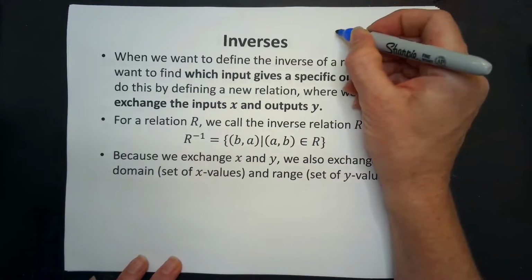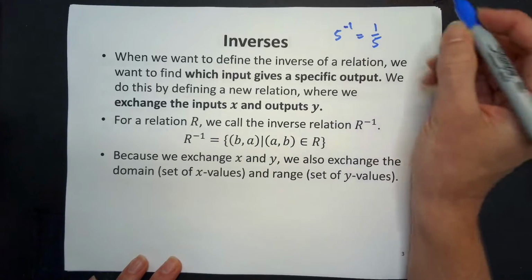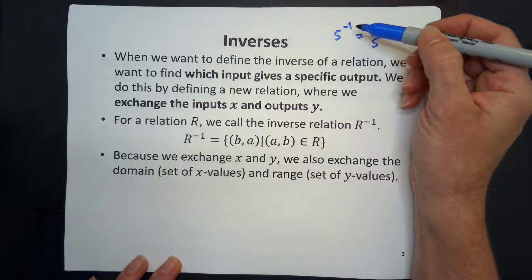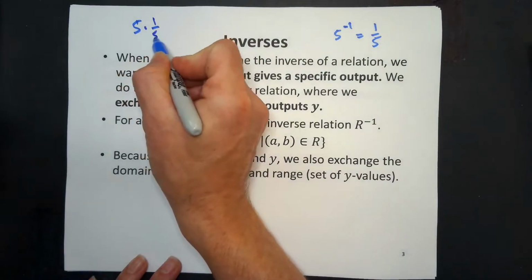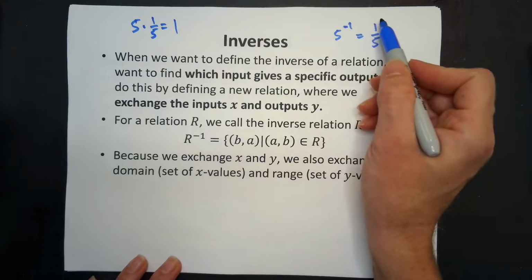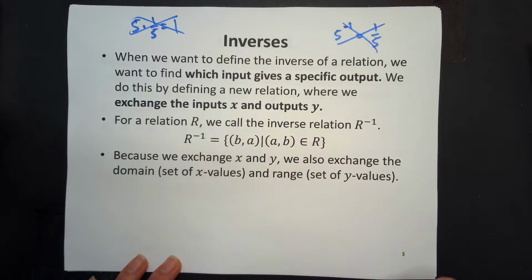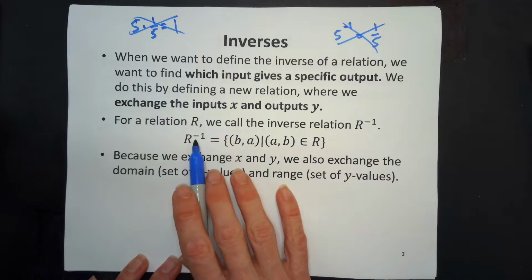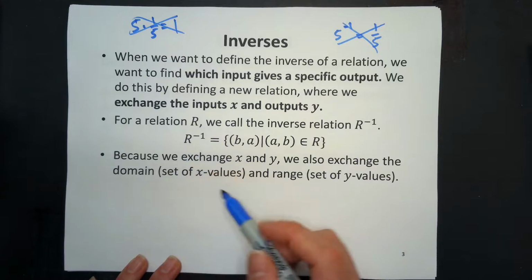This comes from the multiplicative inverse for exponents, where when you multiply 5 times 1/5, you get 1 back out. But the negative 1 in this case does not mean the reciprocal, all right? We're borrowing the notation from multiplication and exponents, but when you see something that's not a number to the negative first power, if it's a function or a relation, then we're talking about the inverse.